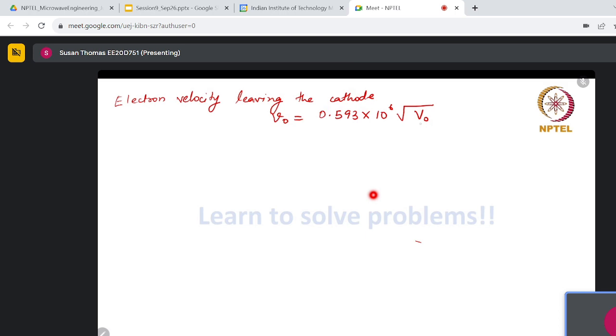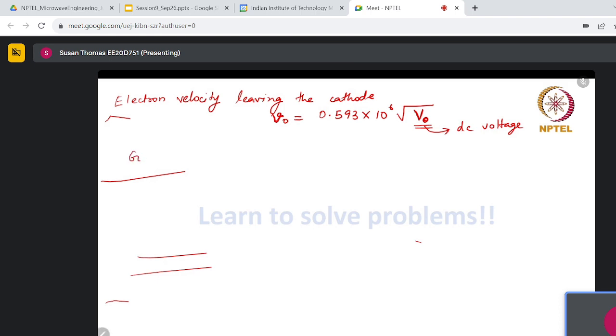Please understand V0 here is the DC voltage applied. In a klystron amplifier, you apply a DC voltage, and based on that DC voltage you will have this velocity of electrons released from the cathode. So this is very important. Please make a note of this.